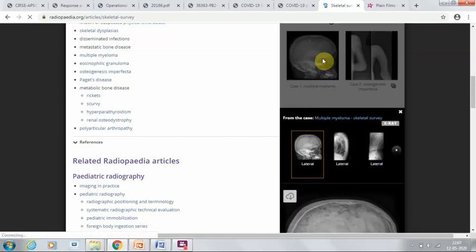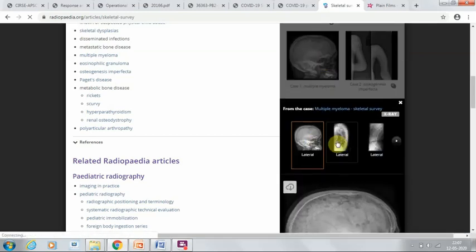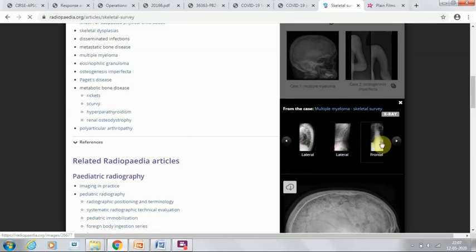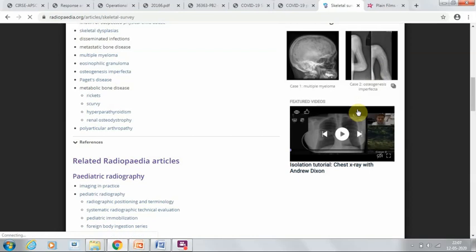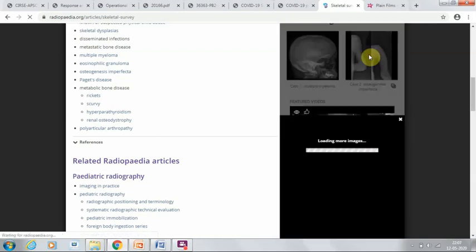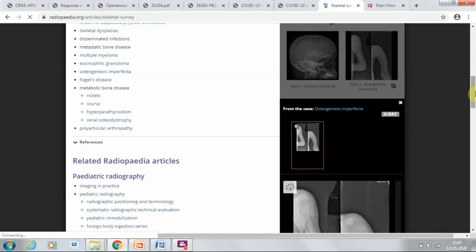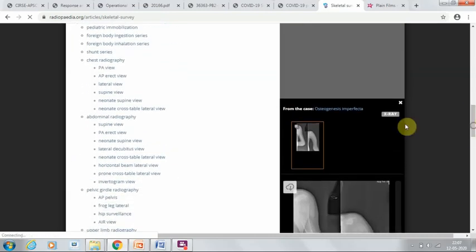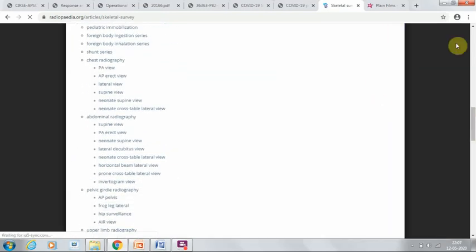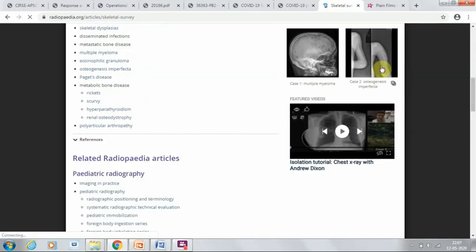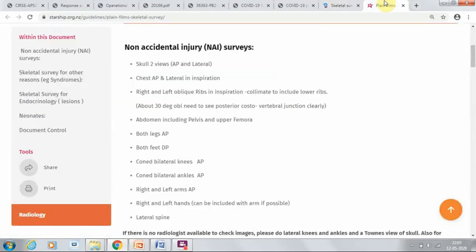Example, here you can see skull lateral view, thoracic lateral view, lumbar lateral view, AP view of thoracic, AP view of lumbar spine. In a similar way, the different joints, humerus, elbow, all those things will be taken. You can see in the image itself here.